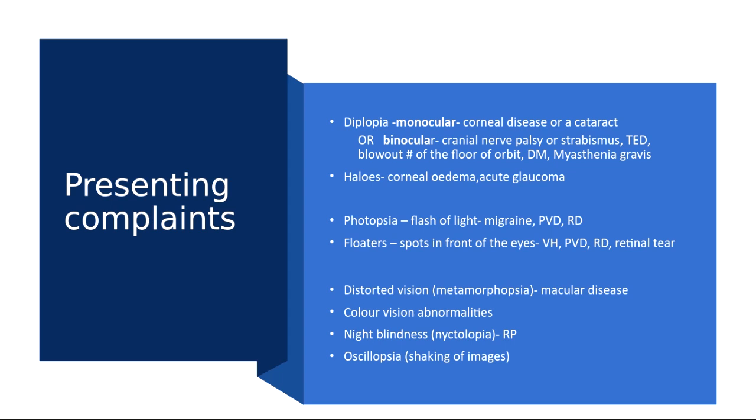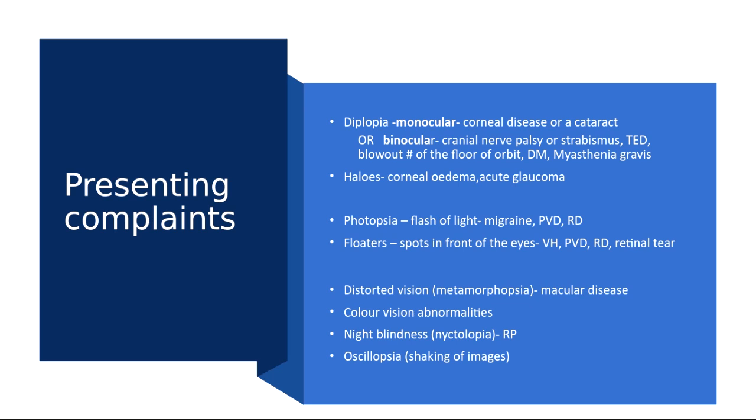Another presenting complaint is distorted vision, also called metamorphopsia. Meaning the images that the patient is seeing are distorted, usually the lines are wavy. They complain that the lines are wavy, they're not straight, or objects look distorted, and that's usually a sign of macular disease.